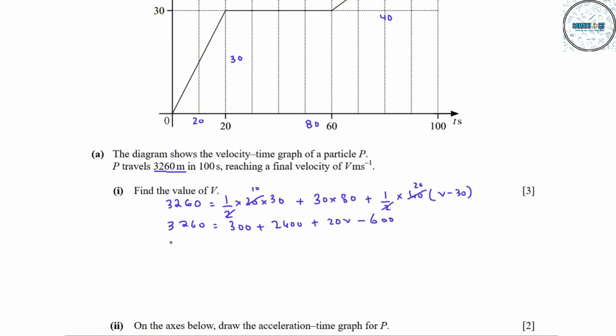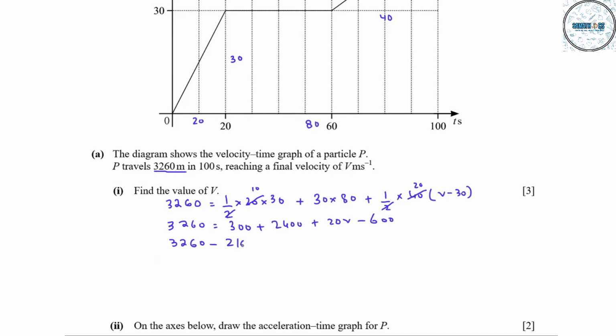So 3260 minus, when we will add these values, 2400 plus 300, it will be 2700, minus 600 will be 2100.